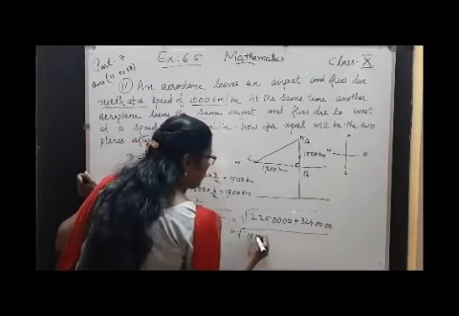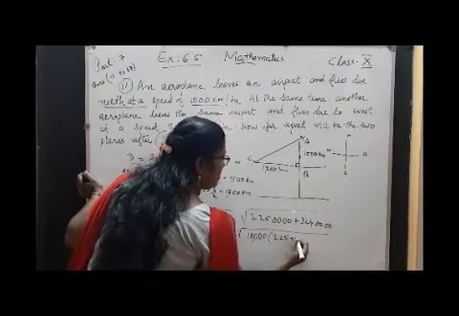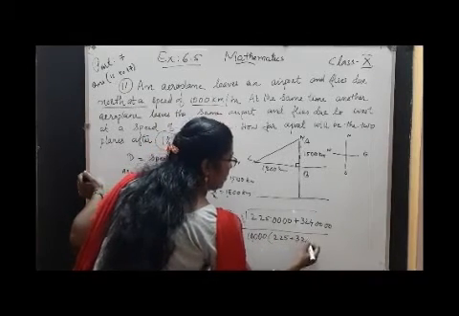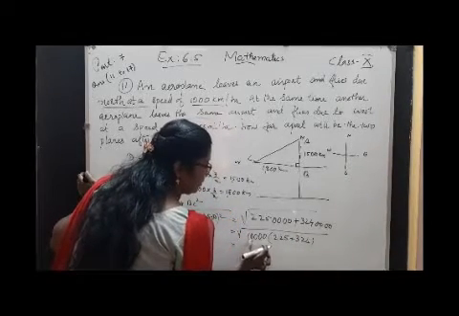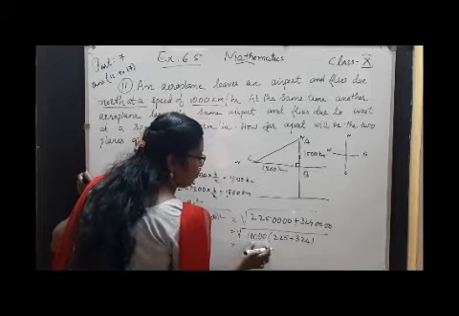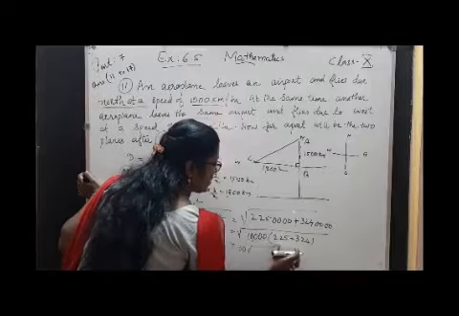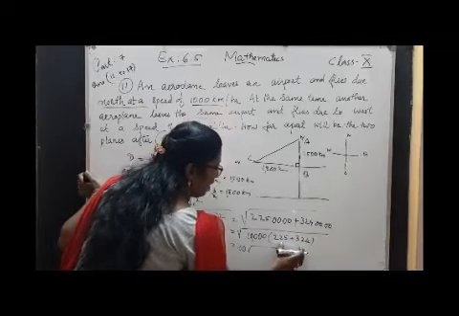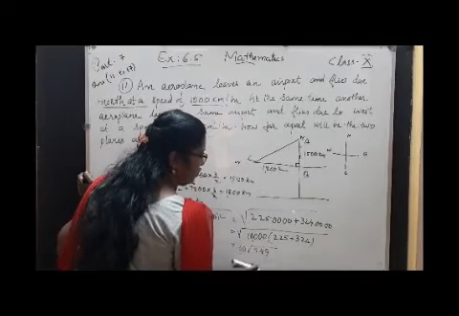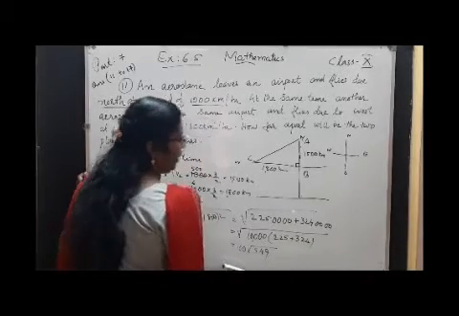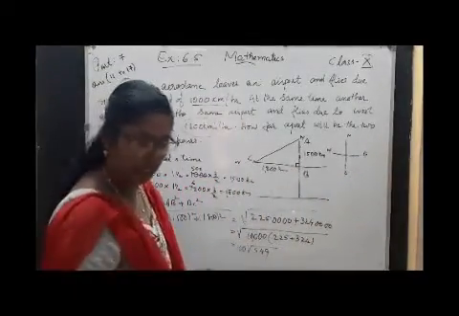This is 10,000 times 225 plus 324. Okay. Take the square root of 10,000, which is 100, times root of the sum, which is 549. Then find the square root of 549. The aim is to find the square root of 549.